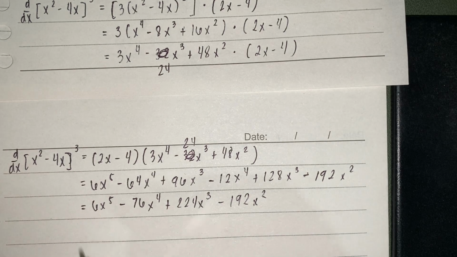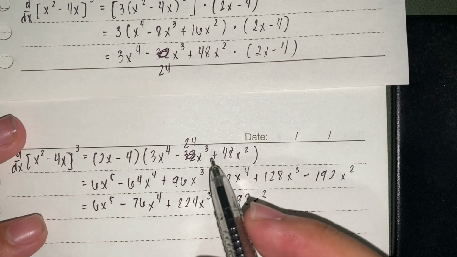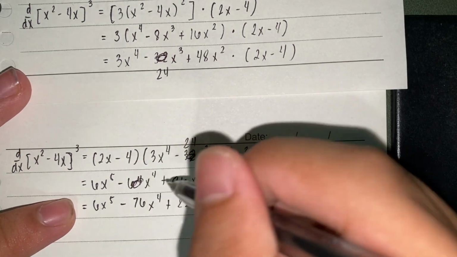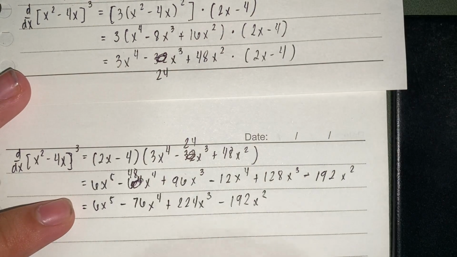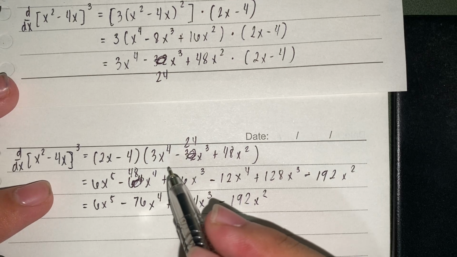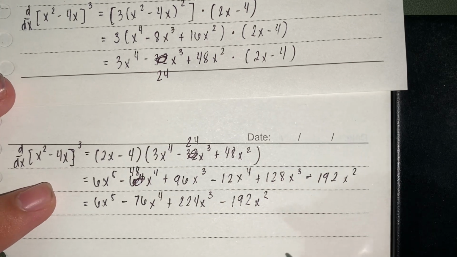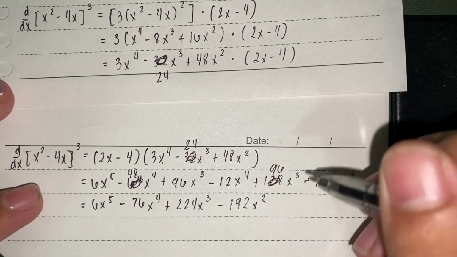So again, 2x times 24x squared, that is going to be 48, and then negative 4 times 24, that is 96. 48 minus 96 is not 128.